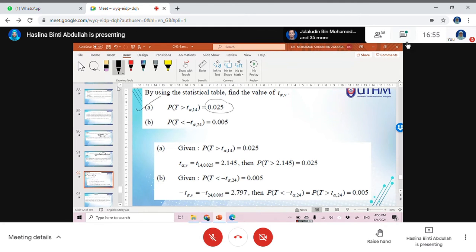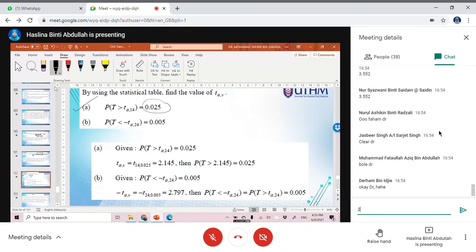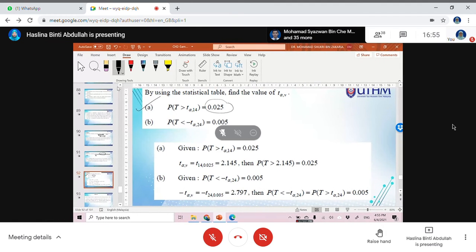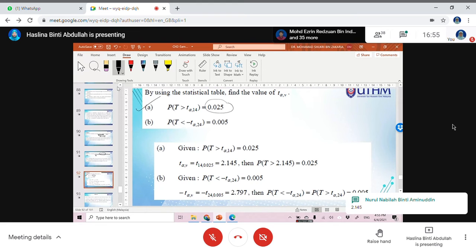Okay, the value of this T distribution for A. Yang lain boleh tulis kat chat. 2.15, 2.15445. Afif jumpa tak? Khairul Afif? 2.145. Yes, good. So yang A okay, yang B okay.